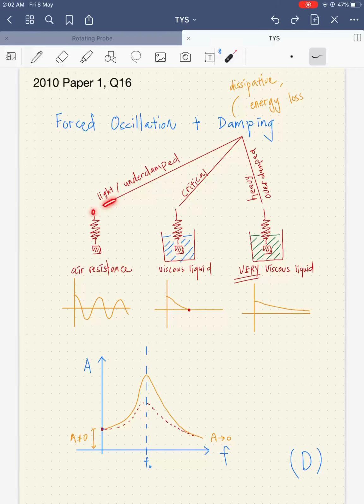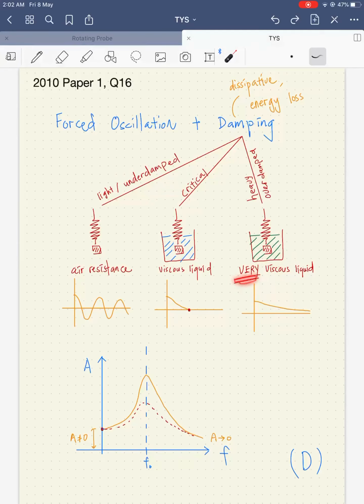Light damping is just a spring mass in air resistance. Very minimum damping. The spring mass can oscillate for quite a long time. For critical damping, it is in a viscous liquid. Heavy damping means more damping, even a very viscous liquid.